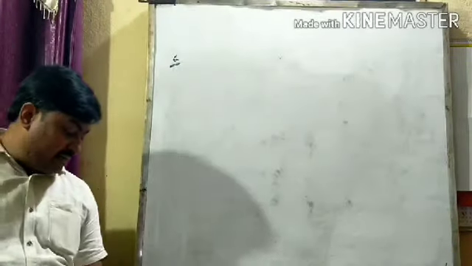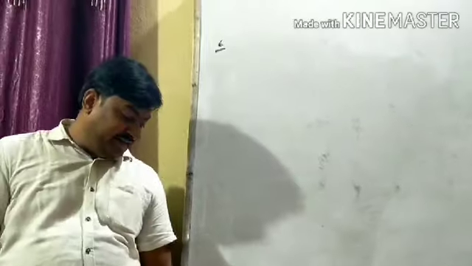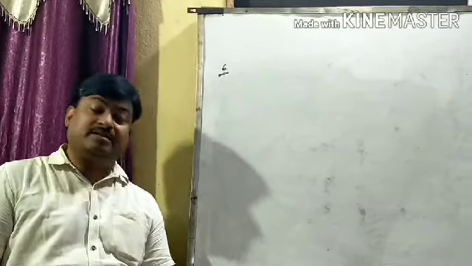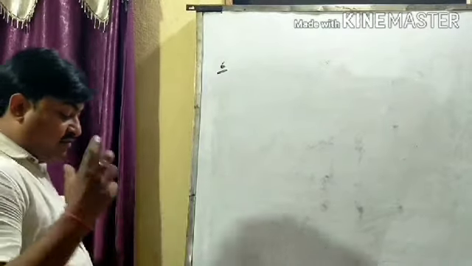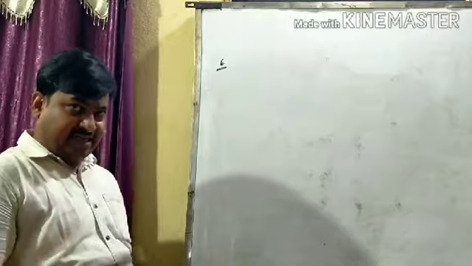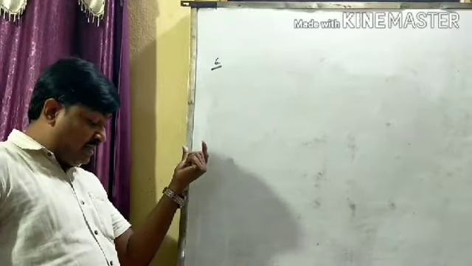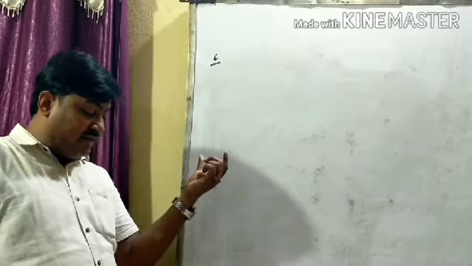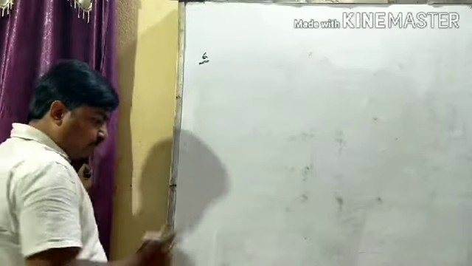Next question is question number 6. The wages of 10 workers for a 6 days week are rupees 1200. For a 6 days week, 10 workers will get rupees 1200.